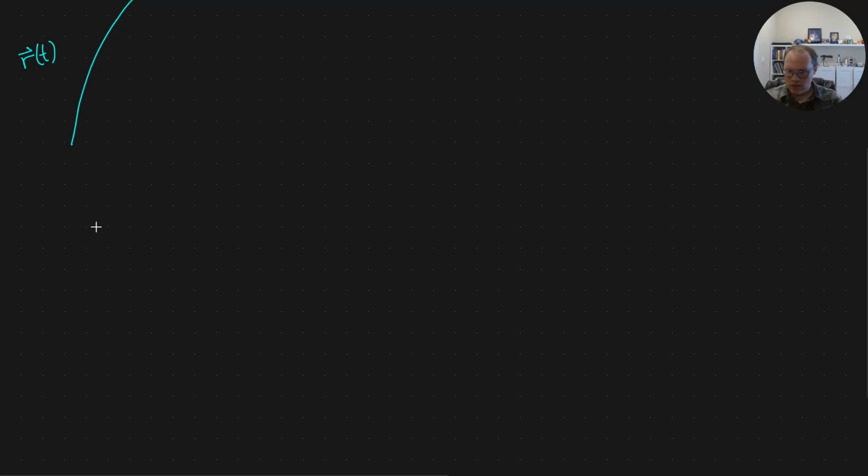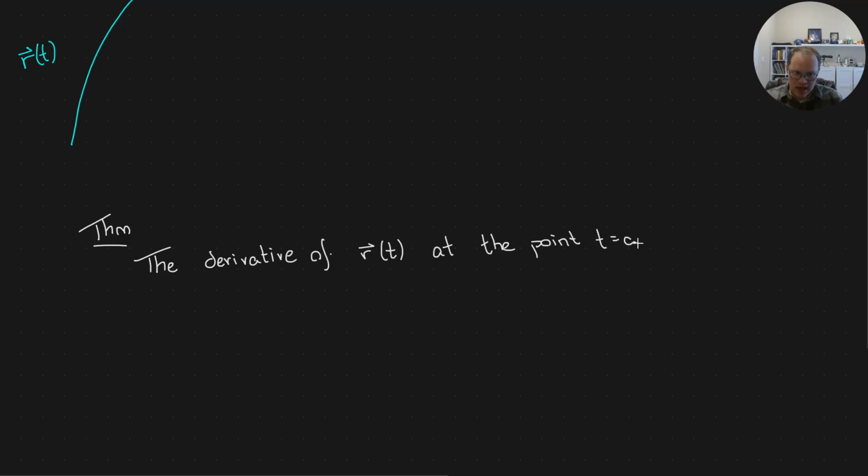So the derivative of r of t at the point t equals a gives a vector tangent to the curve r of t at the point t equals a.